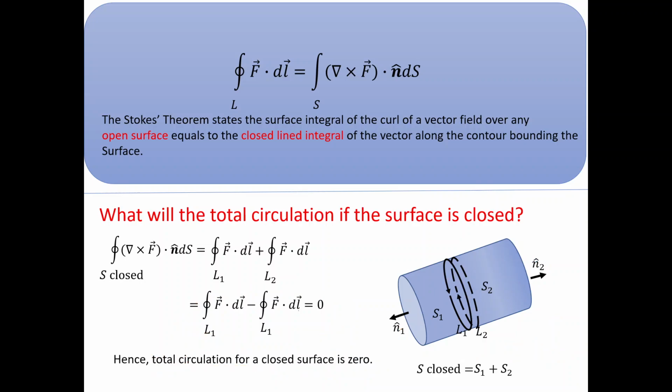So Stokes theorem is applicable for open surfaces which are bounded by a closed contour L, and for any closed surface the net circulation will be 0.